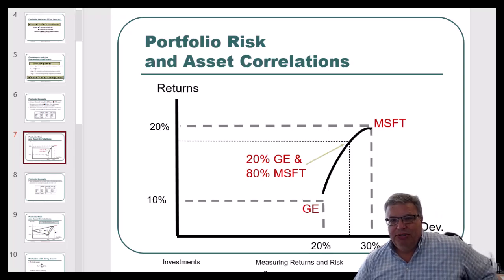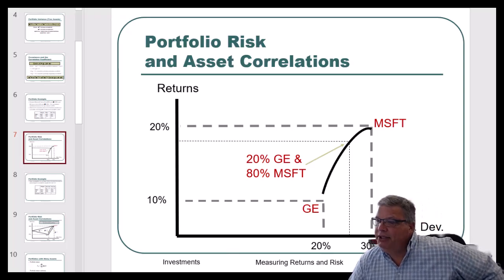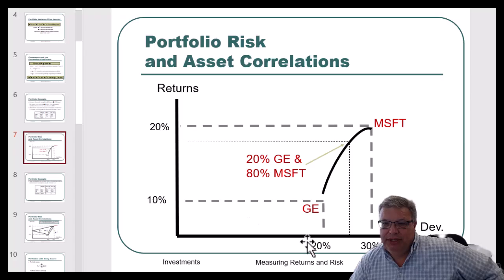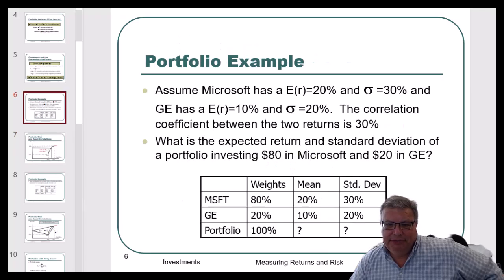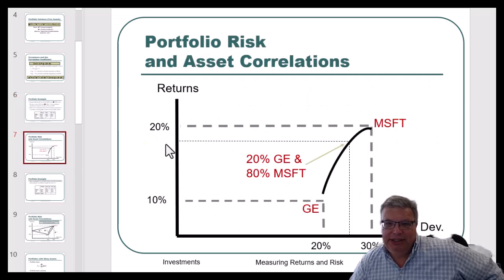So those two numbers that we just calculated, it was around, I think, 25% right here, right? And then the return was more like, I think, 18%, and so that's right around here.